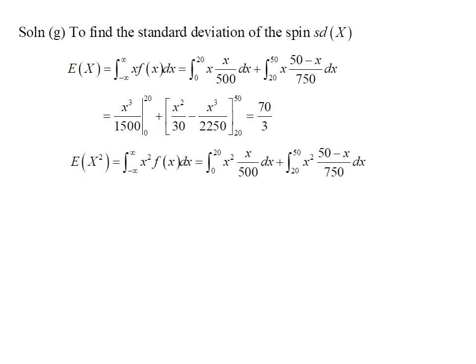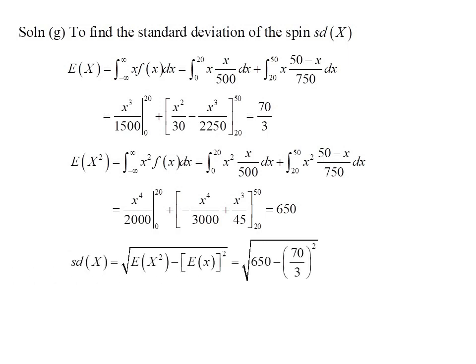However, the expected value of x squared, E of x squared, equals the integral from 0 to 20 of x squared times x over 500 dx plus the integral from 20 to 50 of x squared times (50 minus x) over 750 dx, which equals 650 after being calculated.